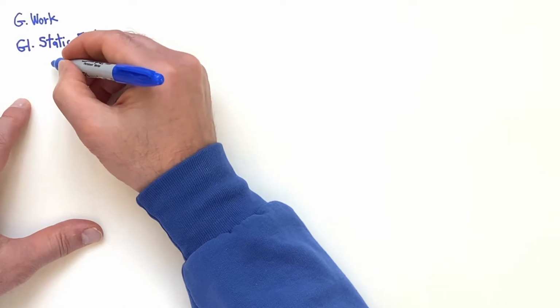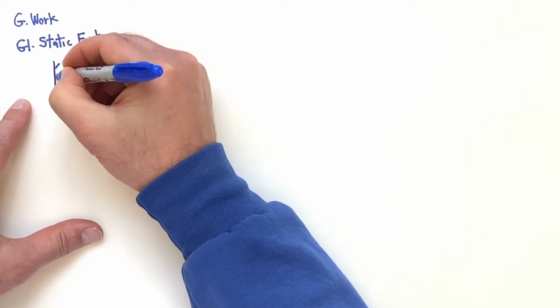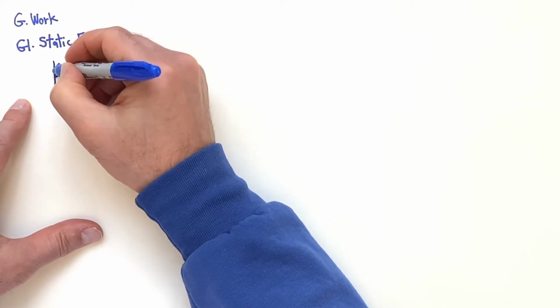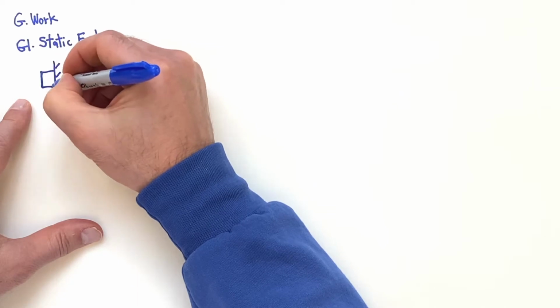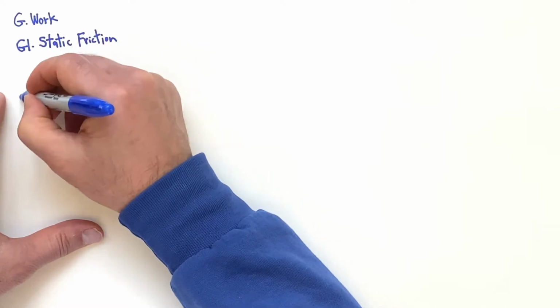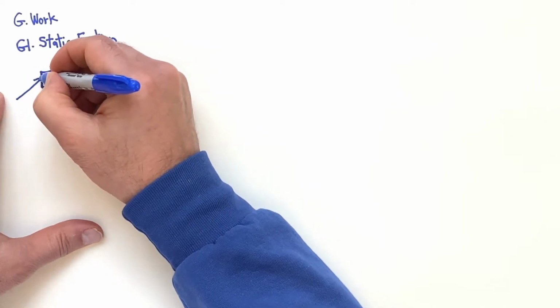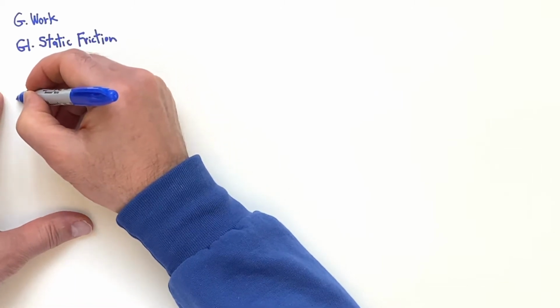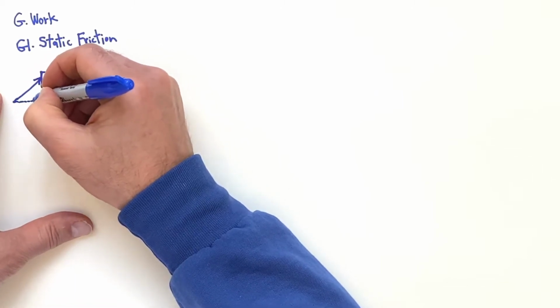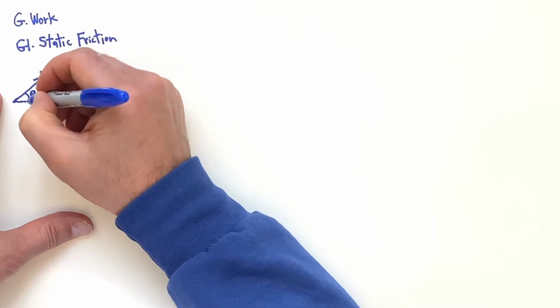So here is the sketch. We have a wall and we have a block, and we're going to apply a force at an angle with respect to the horizontal, theta.